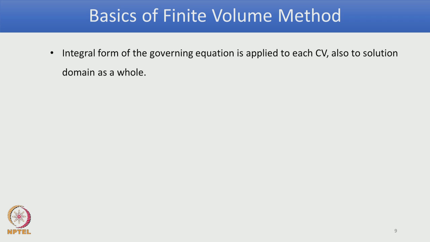Now, the integral form of the governing equation is applied to each control volume. Separately you apply it for each control volume, and we mentioned in the beginning the entire domain is divided into a number of control volumes. So, you apply this governing equation to each control volume, for the entire domain as a whole.